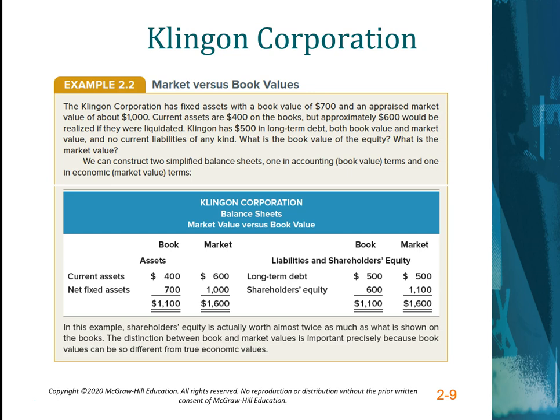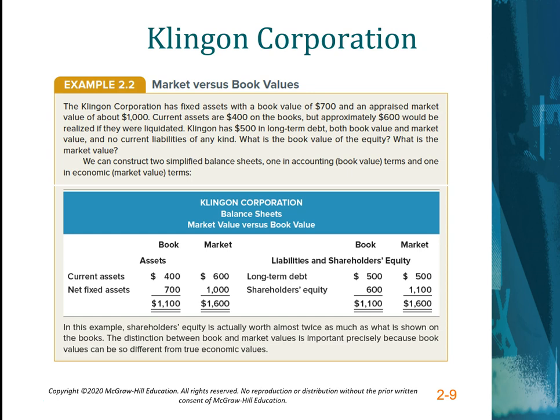Okay, and so if we look at the book value, what we would do is we would take the total assets, the cash and the net fixed assets of $1,100. We would subtract the $500,000 in long-term debt, and that gives us $600,000 in equity, shareholders' equity.